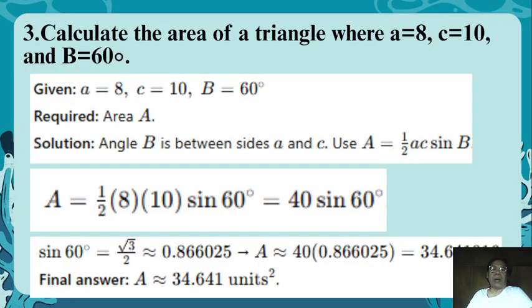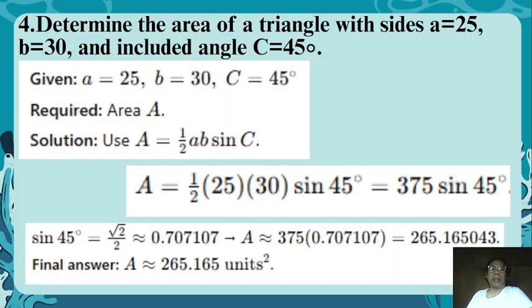So our solution, angle B is between sides a and c. So we are going to use area is equal to 1/2 ac sine B. Substituting all the given data, our final answer is 34.64 units squared.